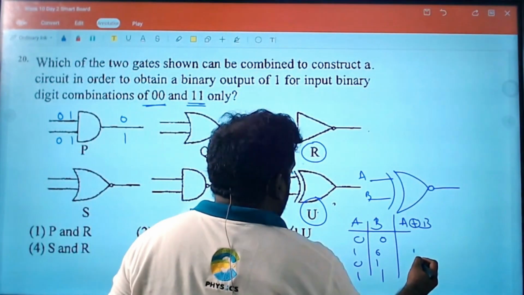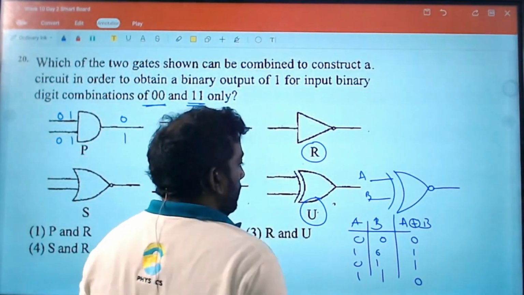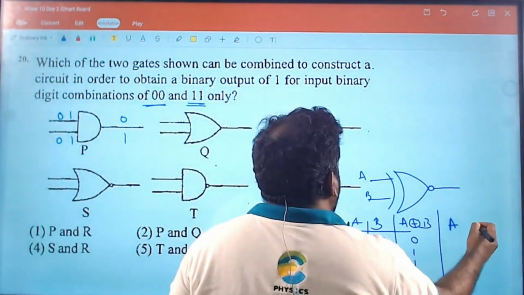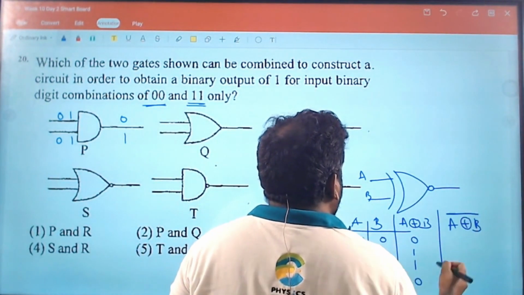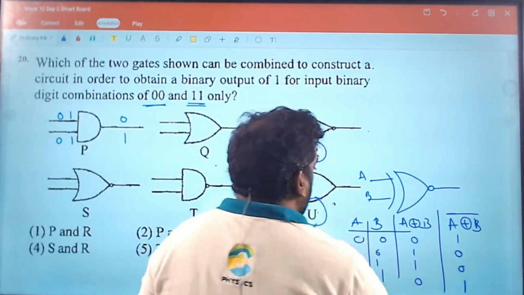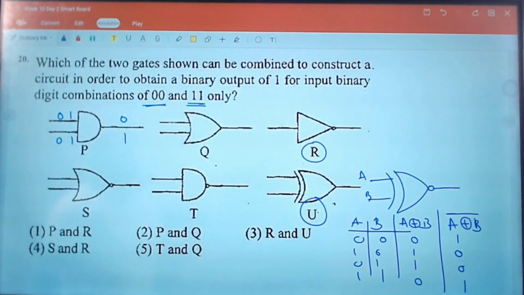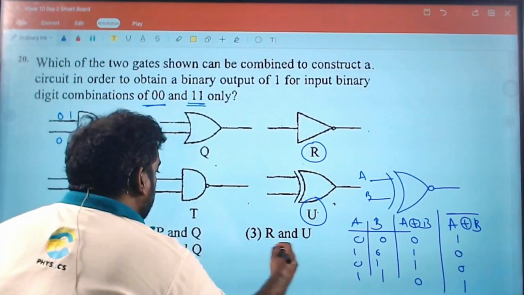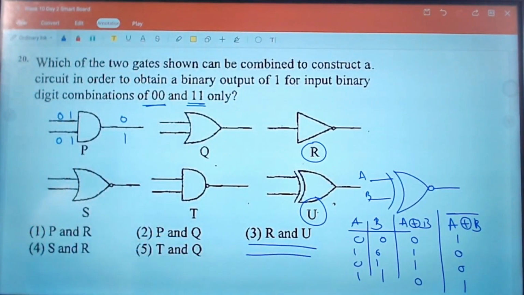Here you will get 1 1. Here A exclusive or B bar gives 1 0 0 1. So R and U together. Third one looks good.